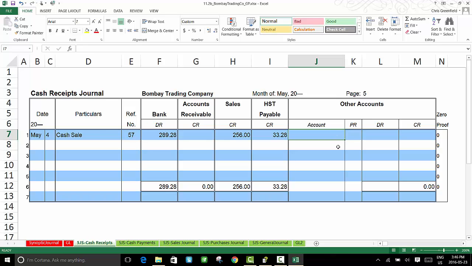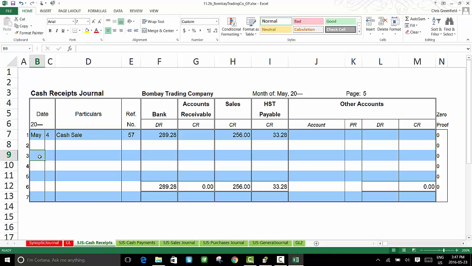If you had more than one account that fell under the other category, you can use the number of lines you would need to complete the transaction. So let's say in this case you had two other accounts. You would list the first one and its amount, the second one and its amount, and then the second transaction you would list on the next available line.